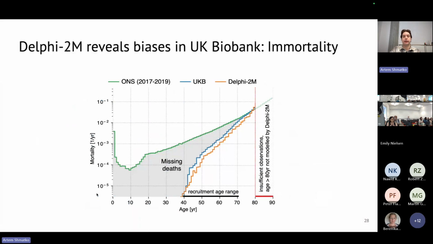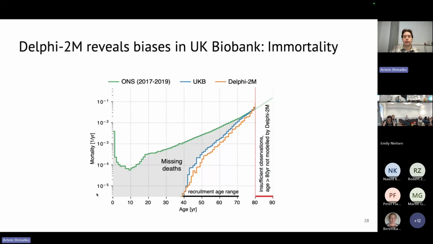For the UK Biobank, the recruitment age of the participants started at some 40, 50 years, which means that in the records we don't have any death that happened before this, because if you died at 20, you would not have any chance to be recruited to the UK Biobank, because it happens only at the age of 40.